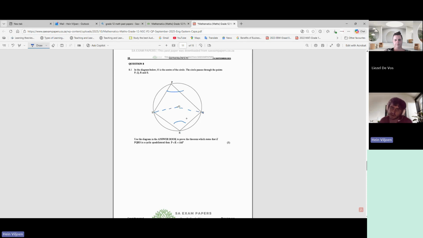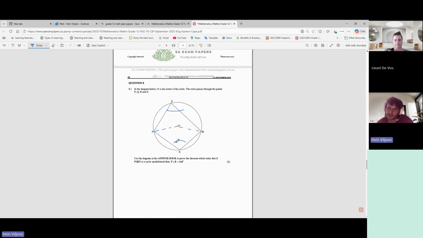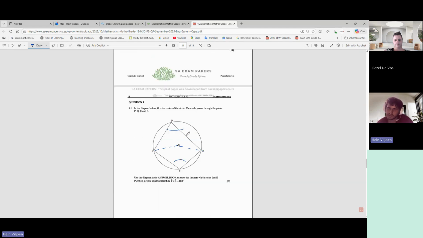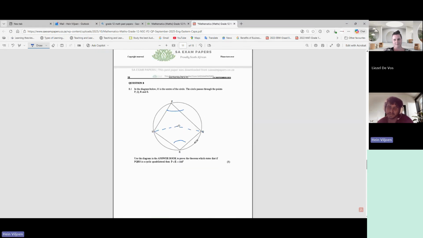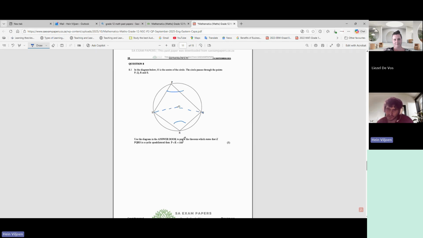A cyclic quadrilateral is based on the fact that it has 4 sides, which can obviously be seen here. And now this theory is eluding me as well. But in general, kids need to focus on the general theorems to prove that this is a cyclic quad.